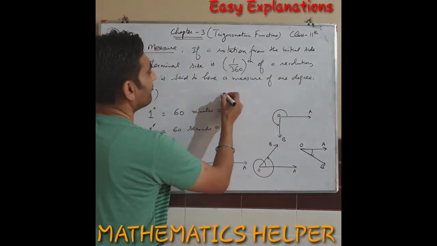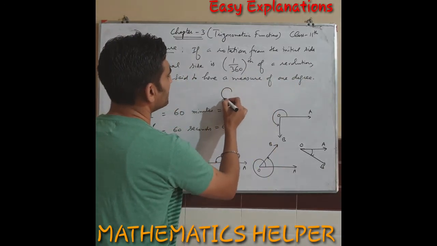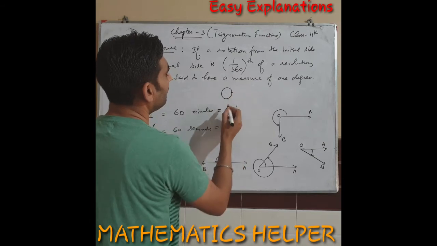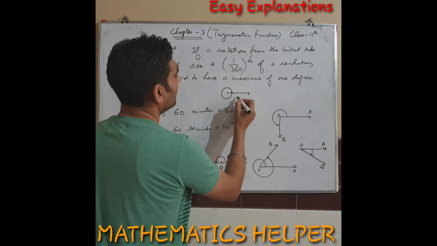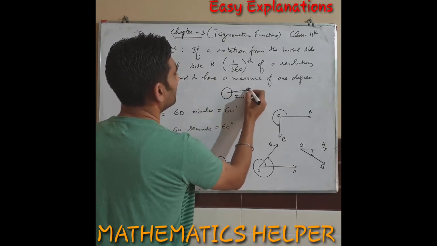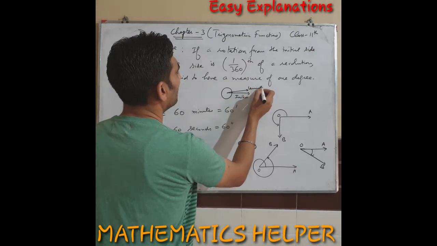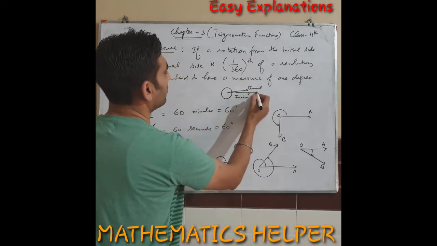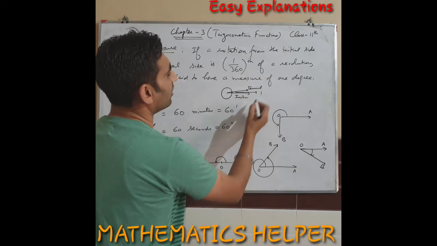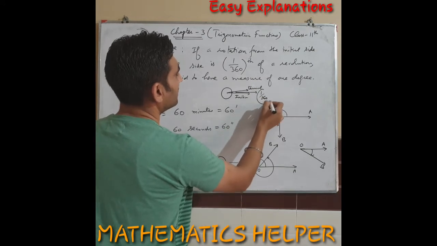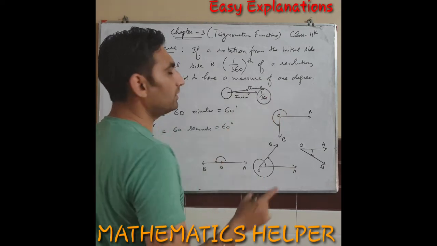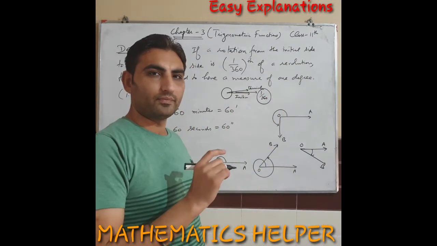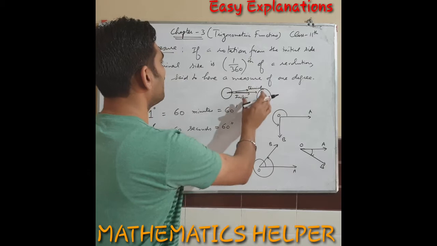Means from the total angle of 360 degree, if we select only that much part between the initial and terminal line or side, which represents only one part out of 360 parts, then this measure or this value is called 1 degree. So you have to remember its meaning.